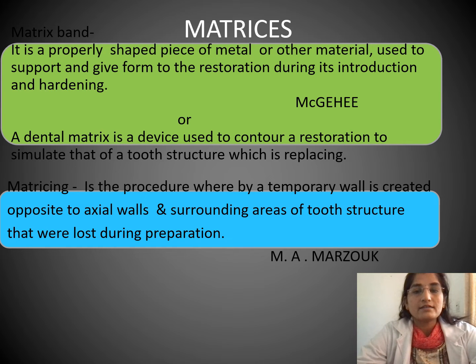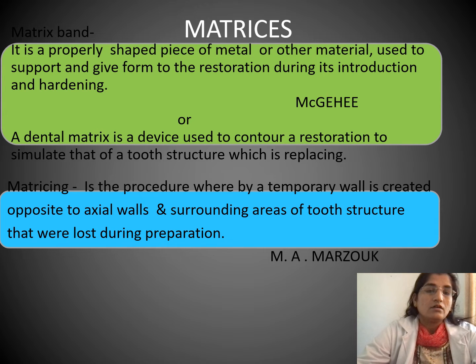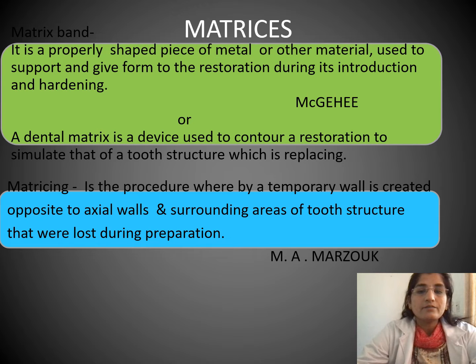Coming to matrices, definition of the matrices. Matrix band definition goes this way, as given by McGee. It is a properly shaped piece of metal or other material used to support and give form to the restoration during its introduction and hardening.